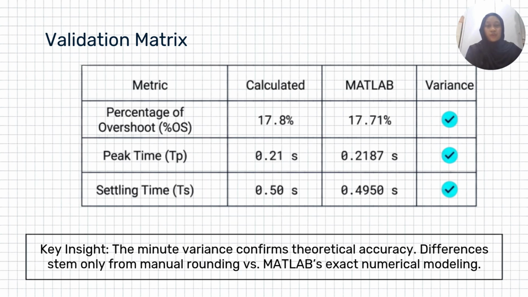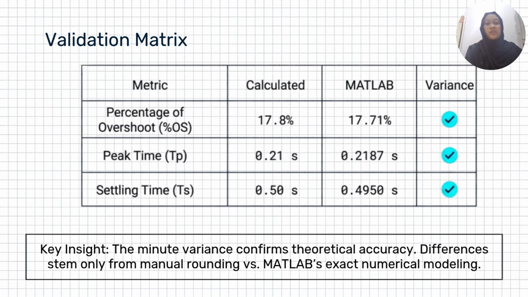So here is the comparison between our manual calculations and our MATLAB simulation that I showed before. This table shows very close agreement with only minor differences caused by rounding. This validates the accuracy of our mathematical model and confirms that the system performed as expected. The small difference comes from rounding in manual calculation, while MATLAB uses exact numerical values.